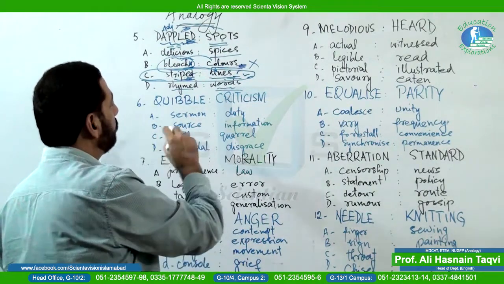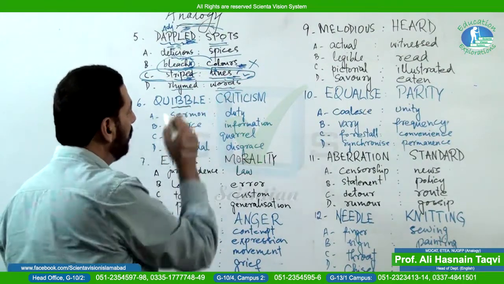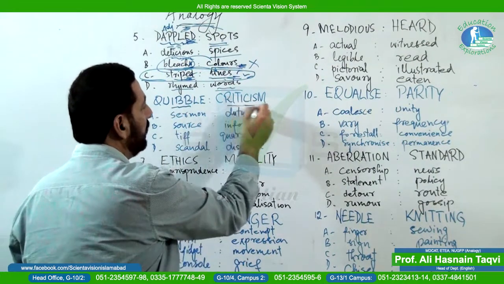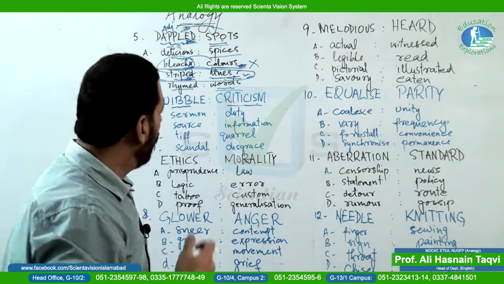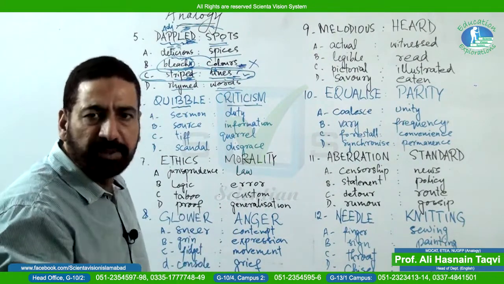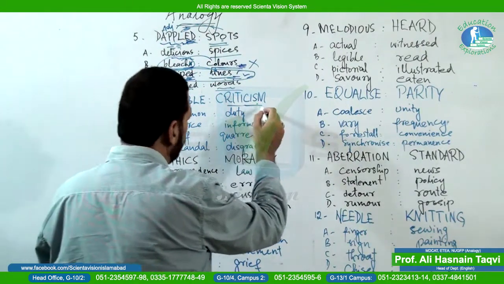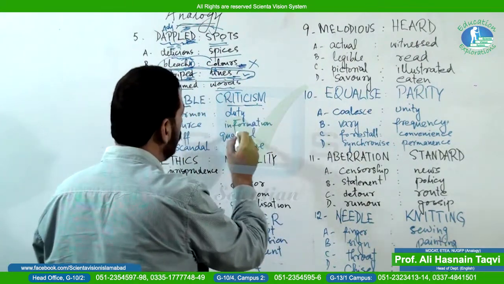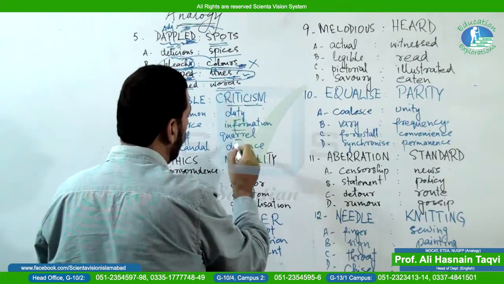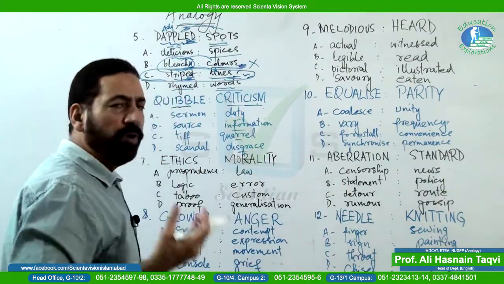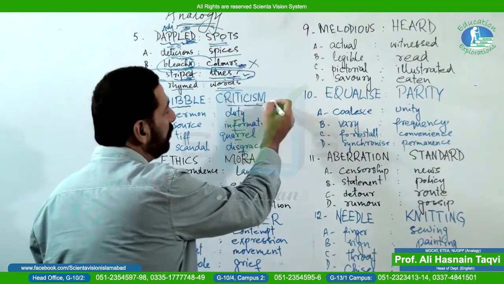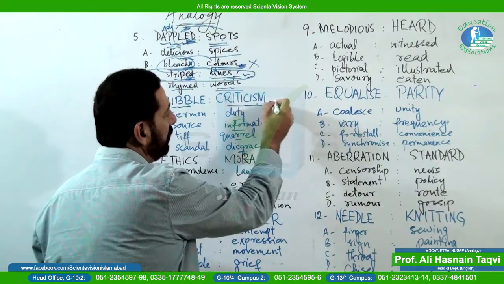Now moving on, quibble, again a difficult word, again an easy word here. Again we need to apply some strategy, and the strategy is, we see this word here, criticism, duty, information, quarrel, disagree. What we do is we try to decipher the tone of this word.